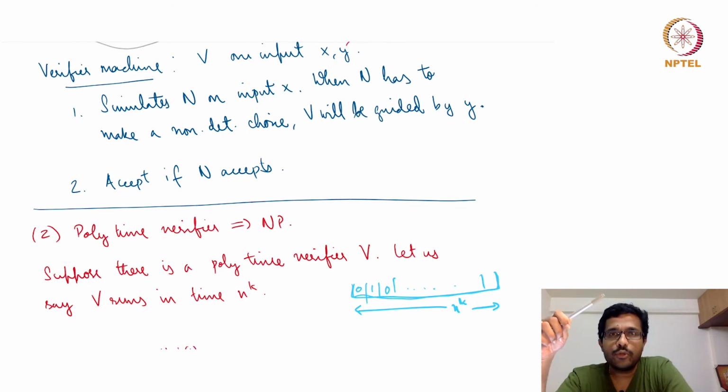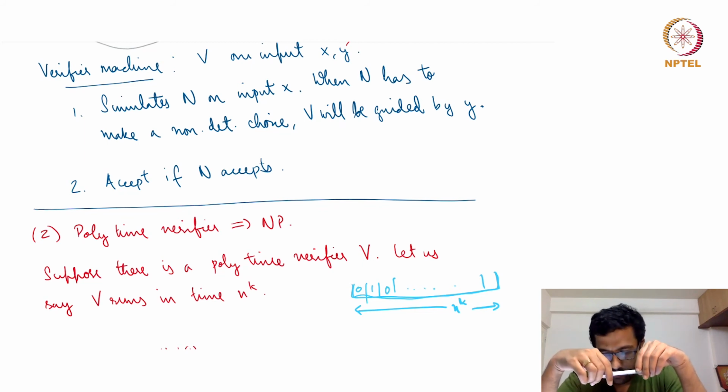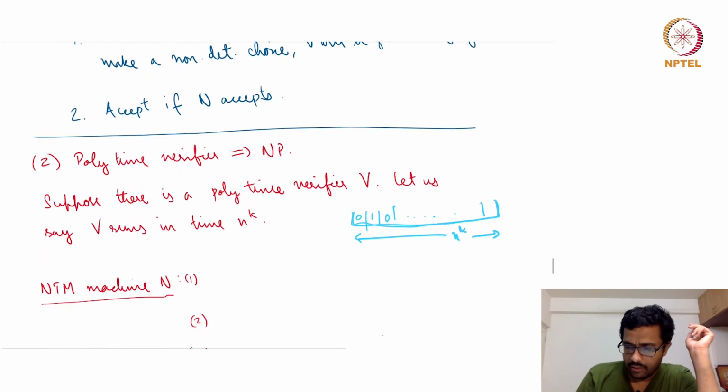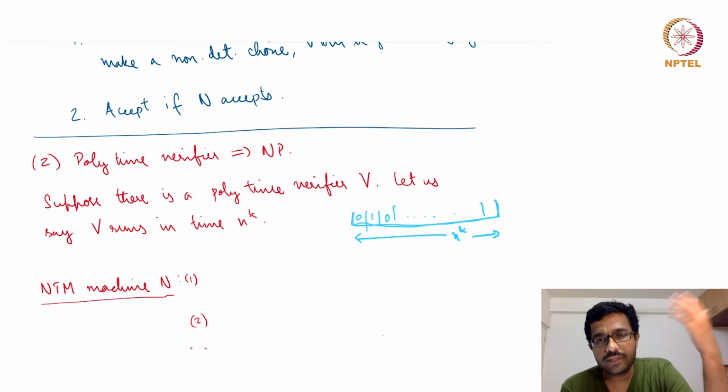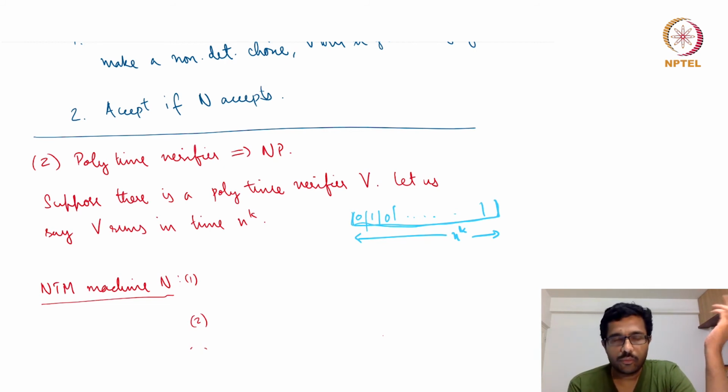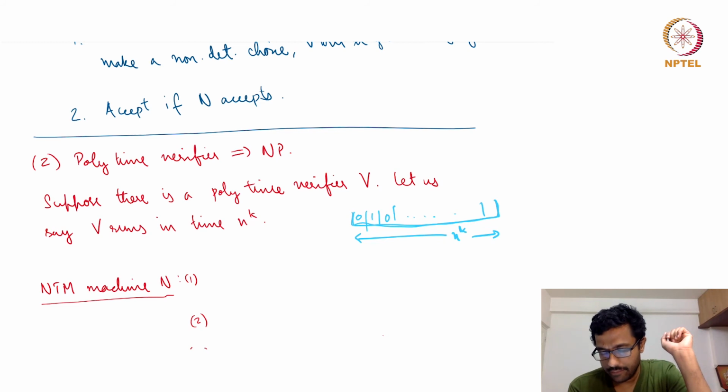Now assume that V runs in time n to the power k. So now we need to come up with a non-deterministic Turing machine for the language, right? If a certificate is supplied, we will verify x with the help of the certificate y, right?